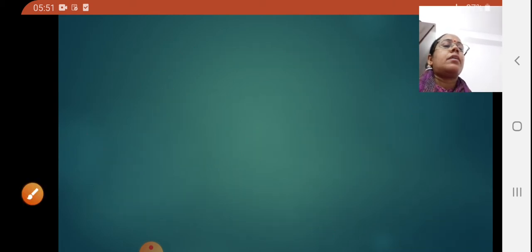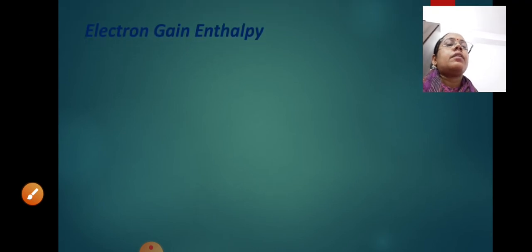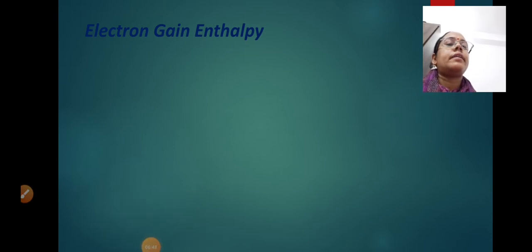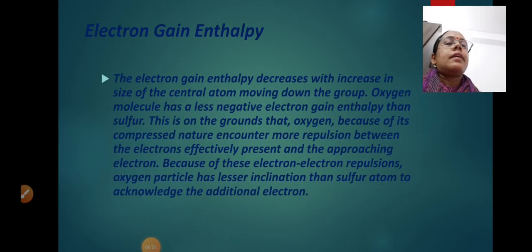Now the next one is electron gain enthalpy. The electron gain enthalpy decreases with increase in size of the central atom. That means if the atomic number is more, electron gain enthalpy will be less.